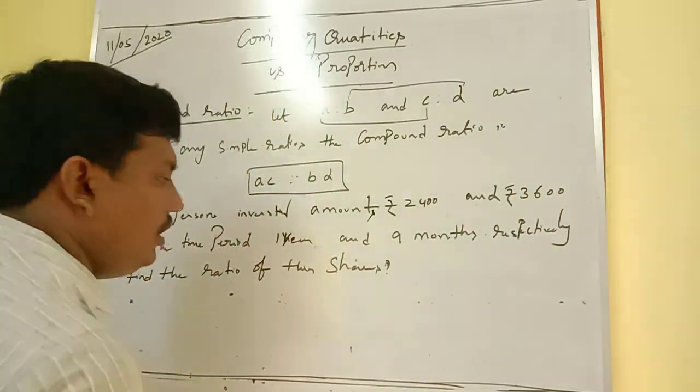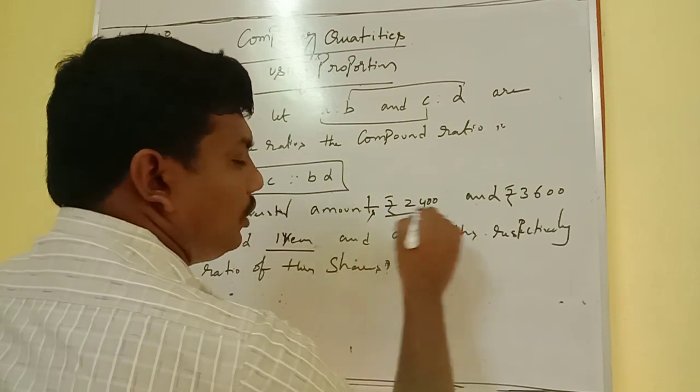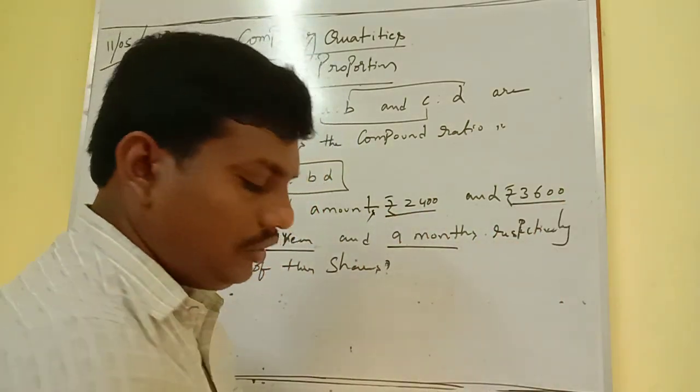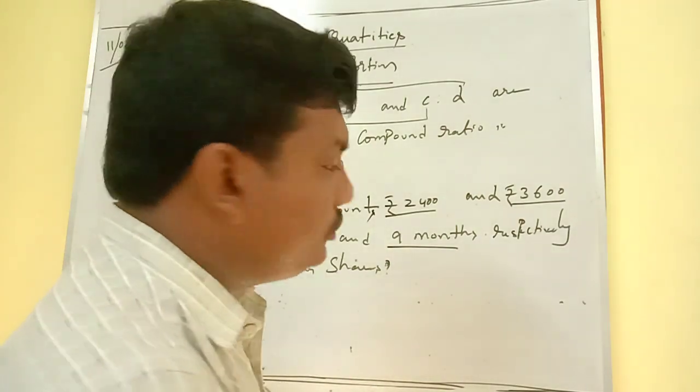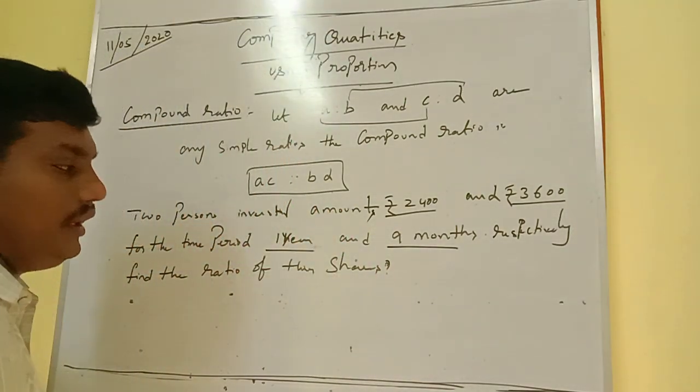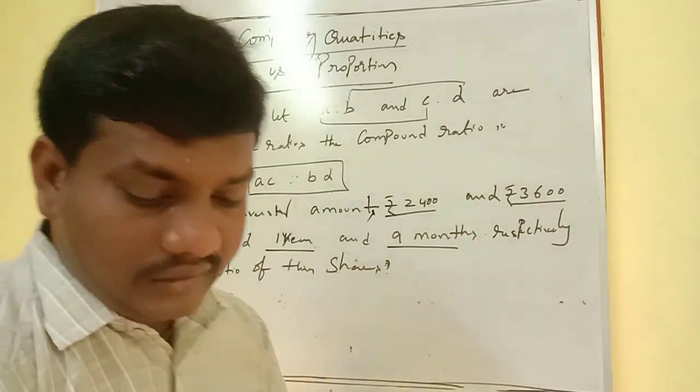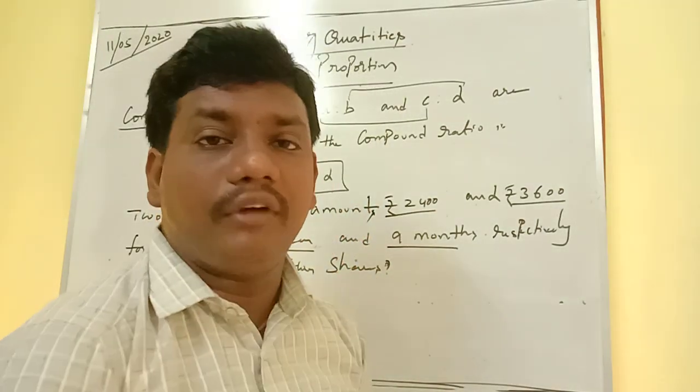What does this mean? For 1 year, 2,400 rupees is invested, and for 9 months, 3,600 rupees is invested. So in this case, how do we find the ratio of their shares?